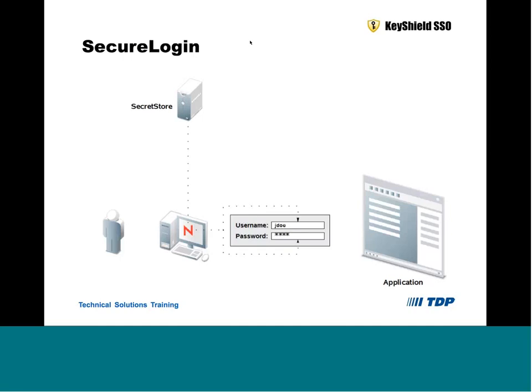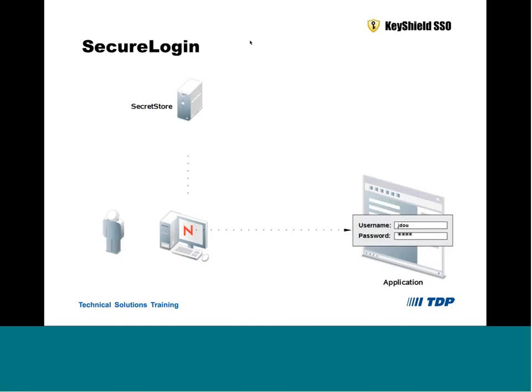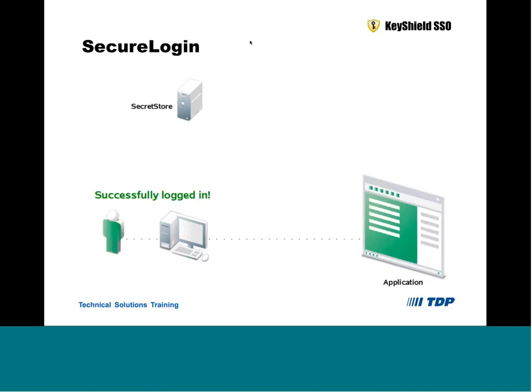Then it goes to the application, the server side, and you are in. That's the principle of the secret store-based SSO solution. Of course, as I mentioned at the beginning, a browser is working in a very similar manner.